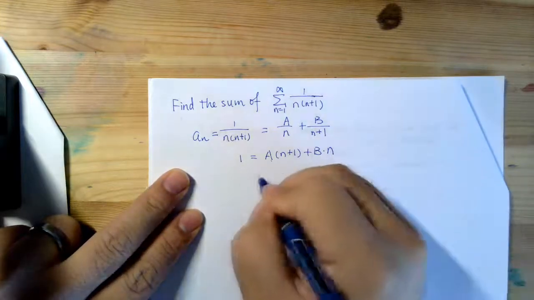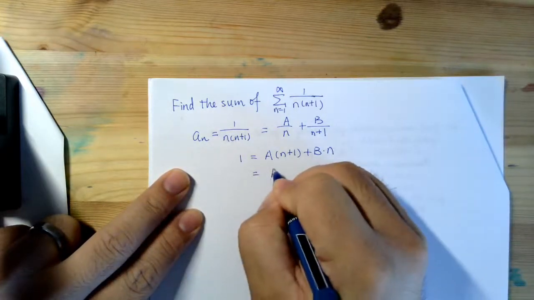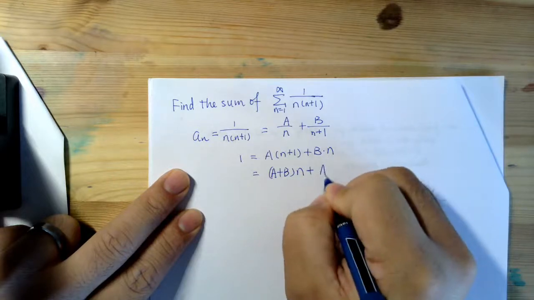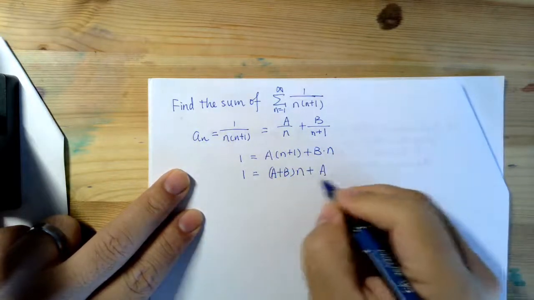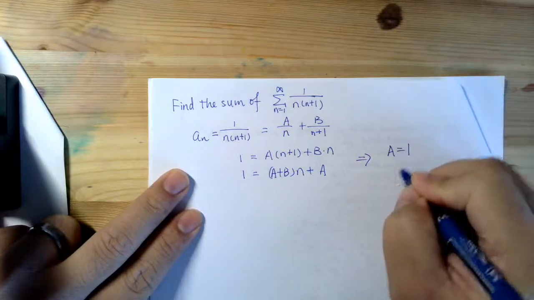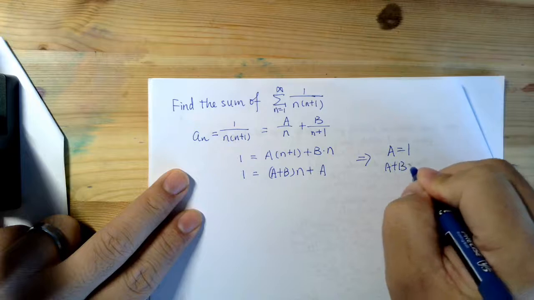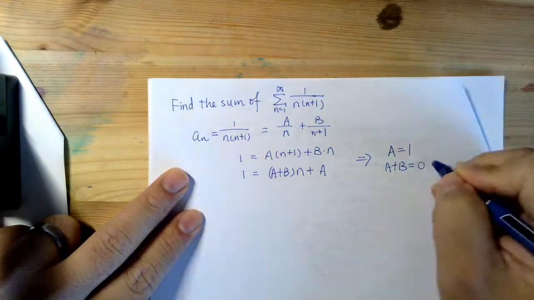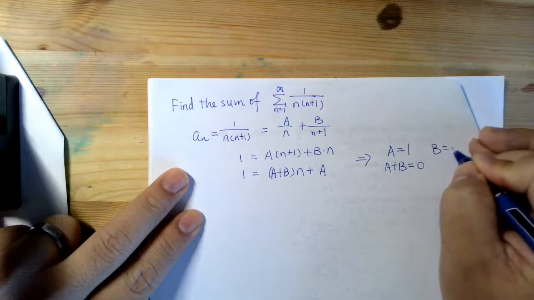So you can solve this as a plus b times n plus a equals 1. From here, we get that a equals 1, and a plus b is going to be 0 because we don't have an n on the left hand side. So b is going to be minus 1.